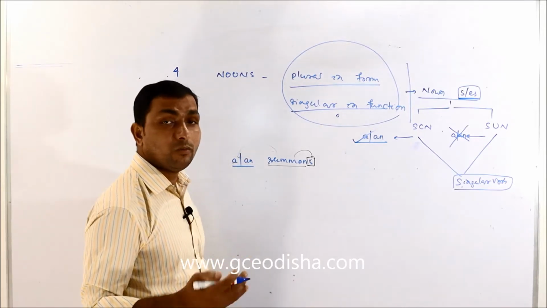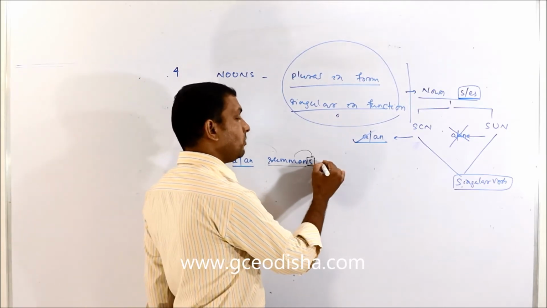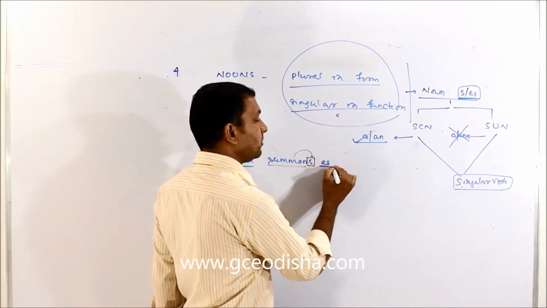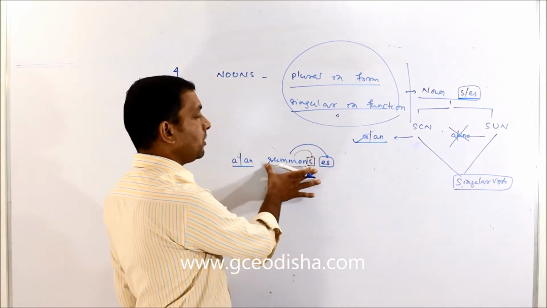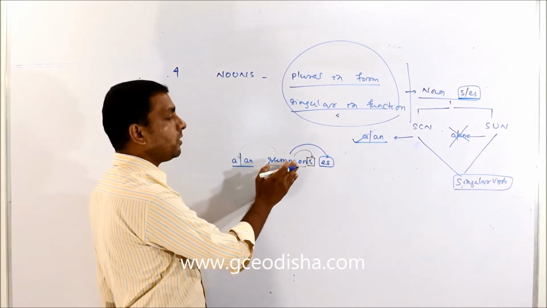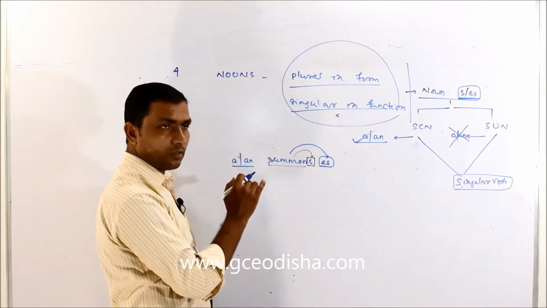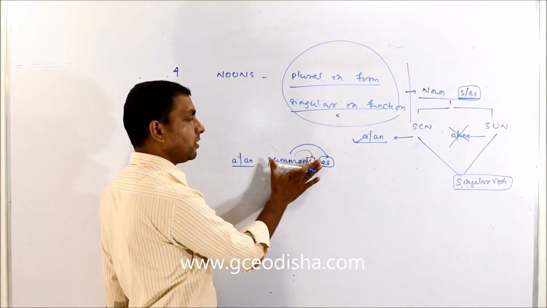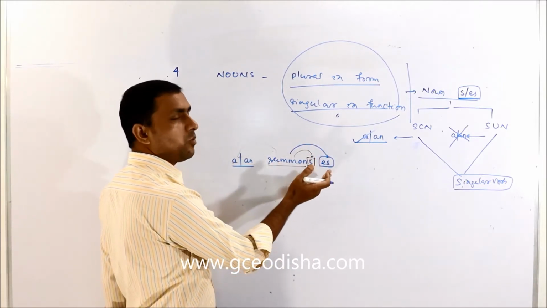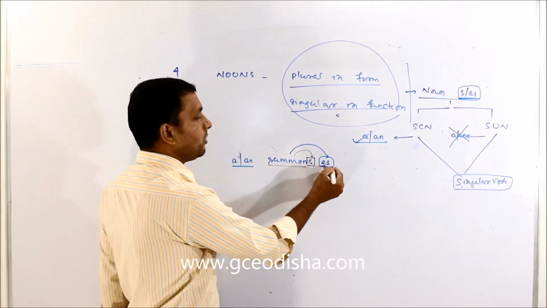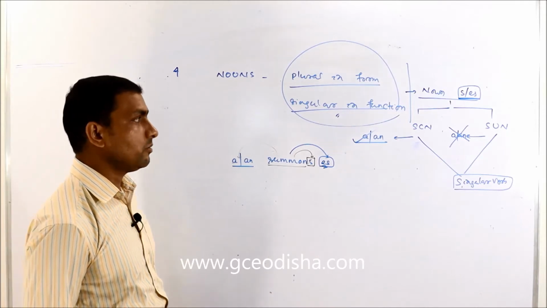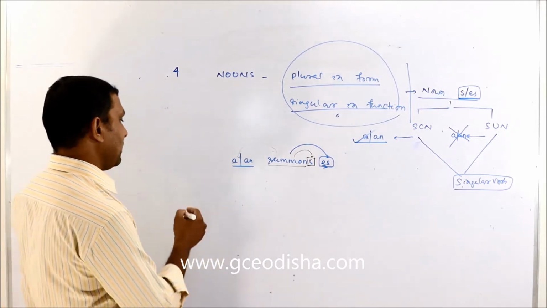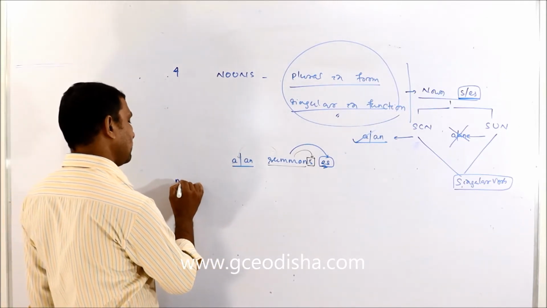And when you want to make it plural, you have to add an additional es, because the word will be summonses. Summons is not plural. If you want the plural form of that particular word, you have to add es: summonses. Understood?